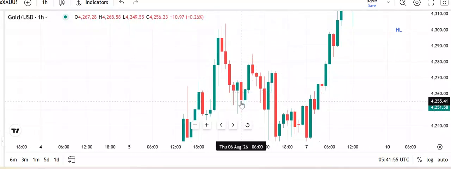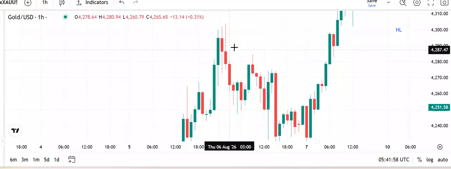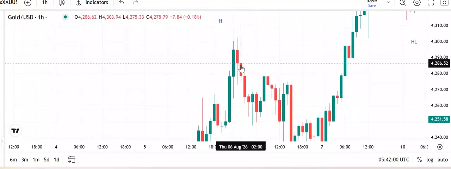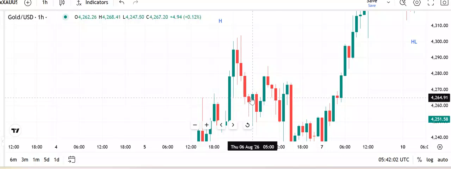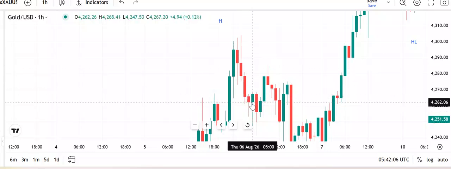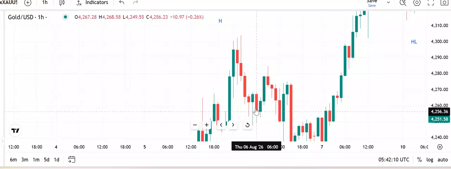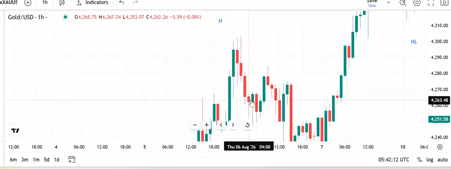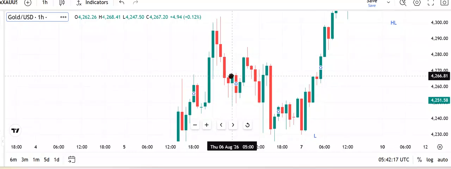Right here we have a low because price has been giving us 1, 2, 3, 4 bearish candles formed, but only one bullish candle. Then we have another bearish candle, making 5 bearish candles with just one bullish candle in between.